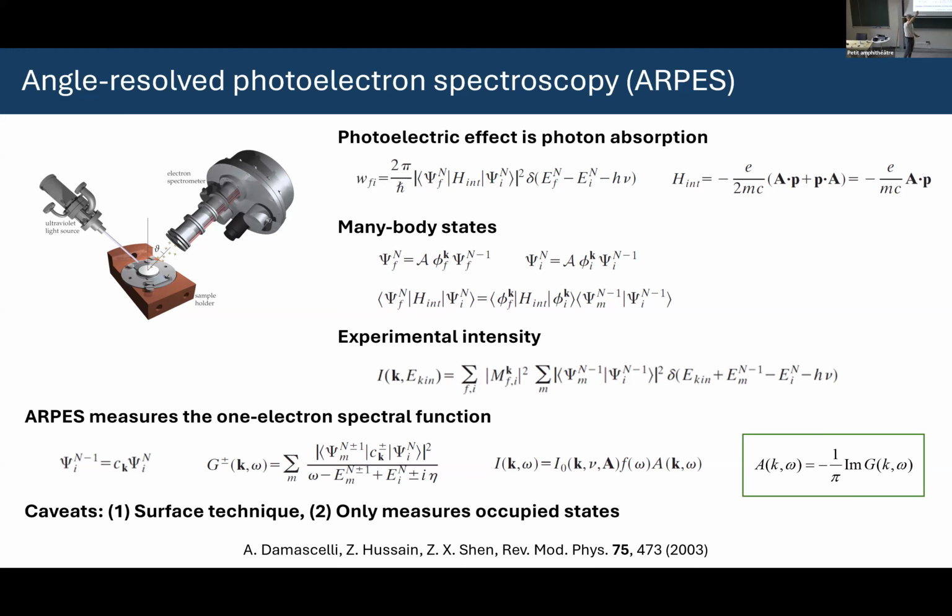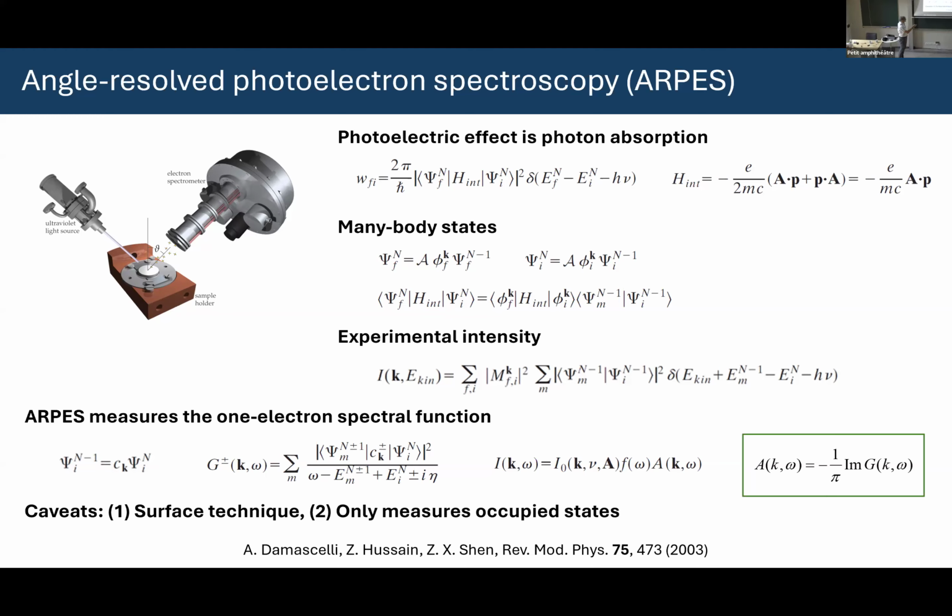So when you pull the electron out, it goes into a plane wave state. And that means that this n-particle final state is the n-1 system in the presence of a plane wave with wave vector k, an electron plane wave. Similar for the initial state. So this matrix element actually factors.